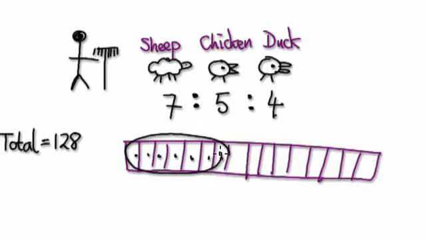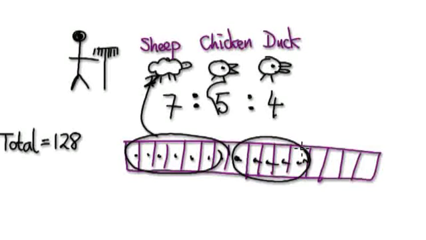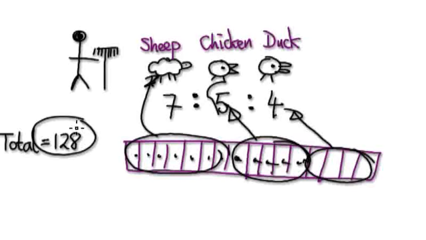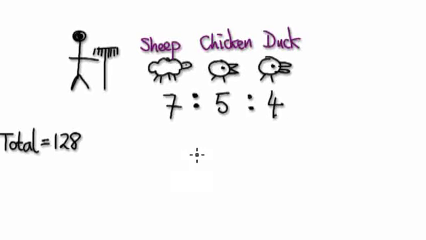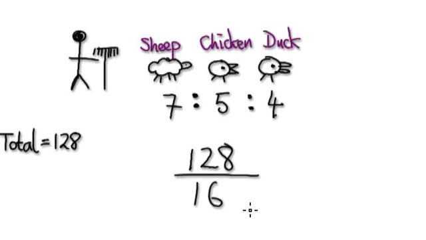All this here would be the sheep, and then you've got 5 parts chickens: 1, 2, 3, 4, 5. All these here will be chickens, and you've got 4 parts being ducks. This is your whole amount. So you get your whole amount, 128, and then you cut it up into 16 equal parts. And if you want to know the number of sheep, you would times by 7.